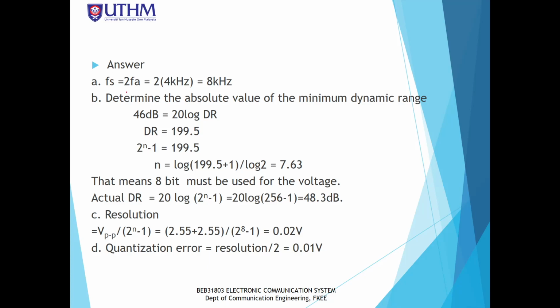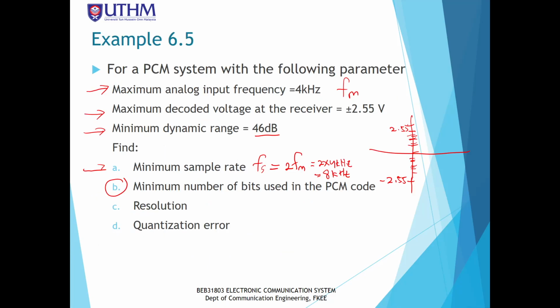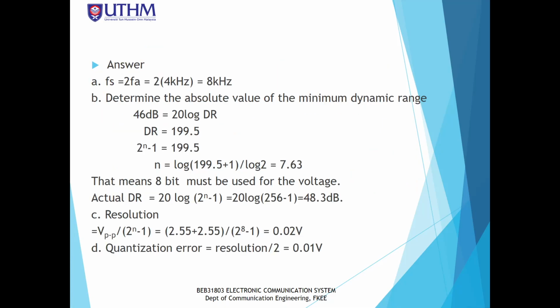Okay. So for question B, determine the minimum number of bits used. You want to know the value of n, the minimum number of bits that can be used in this example. We can find the number of bits based on the dynamic range.